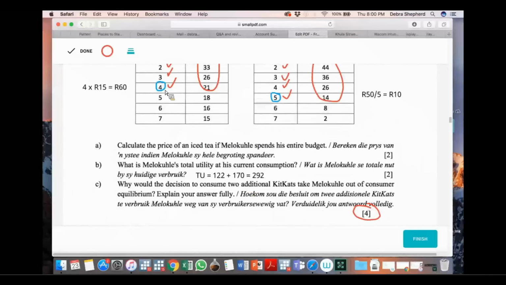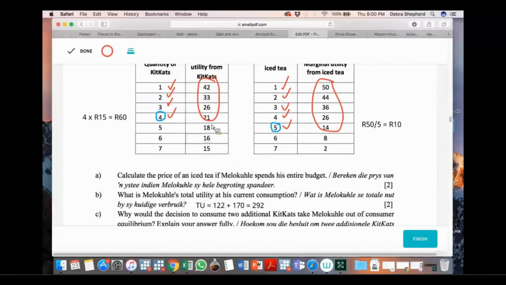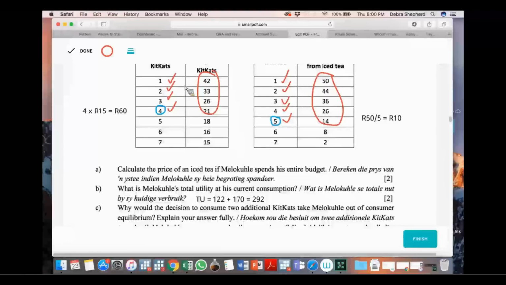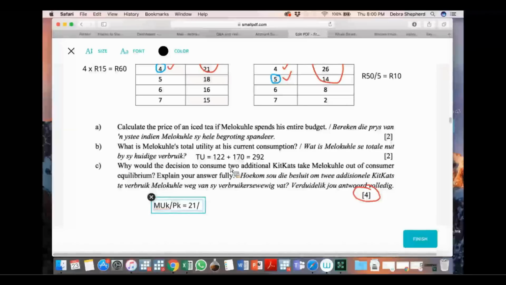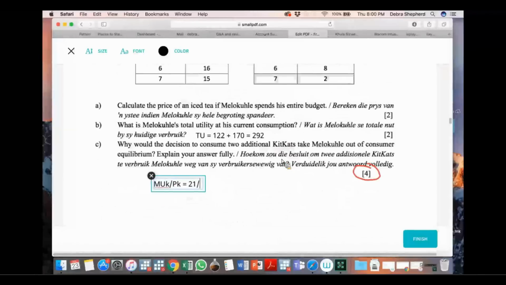So at the moment, he's consuming 4 Kit Kats. The 4th Kit Kat gave him utility of 21. So just that last Kit Kat consumed. He's drinking 5 iced teas, and the last iced tea he drank gave him a marginal utility of 14. So currently, what we have is marginal utility of Kit Kats divided by the price of Kit Kats is equal to 21, and Kit Kats were 15 Rand.